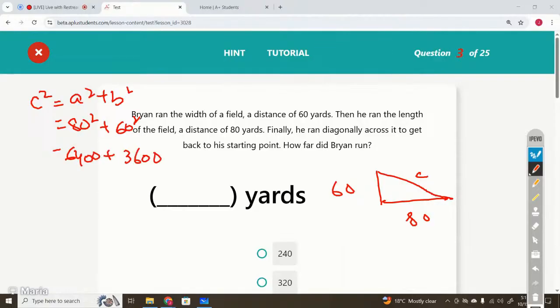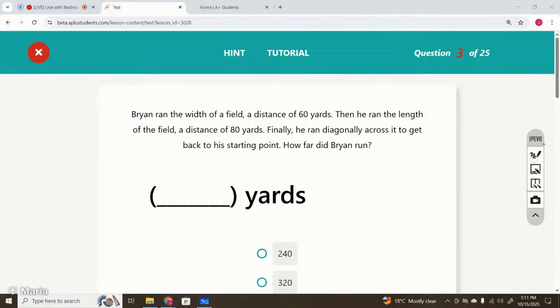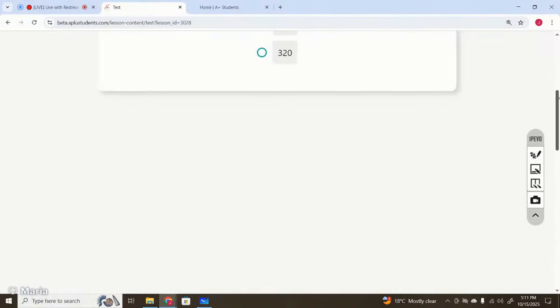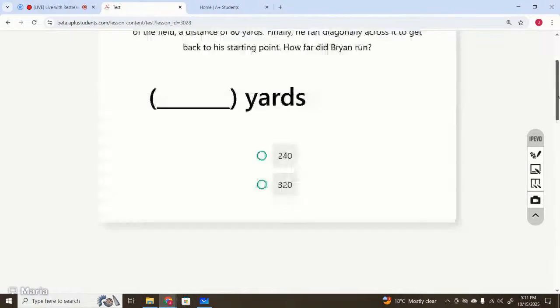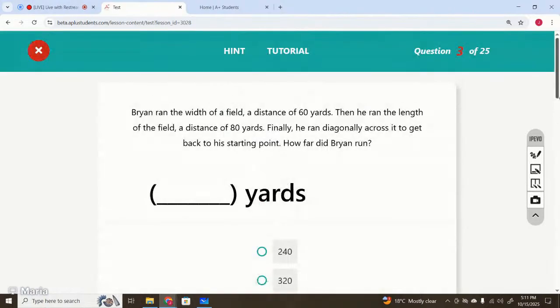So let's add, that is 6400 plus 3600. So c equals 100. The correct option is c equals 100, but we are not given the correct option.